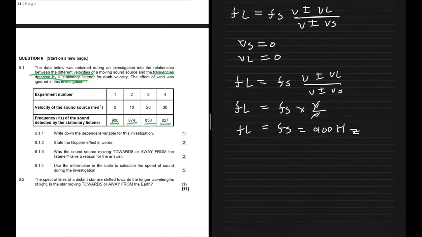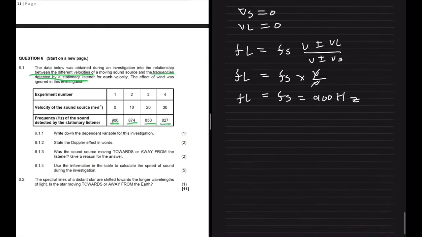To calculate the speed of sound during the investigation, we'll pick any of the other experiments. Let's pick experiment 3 because it has 20 and 850; 850 is better to work with compared to 874.